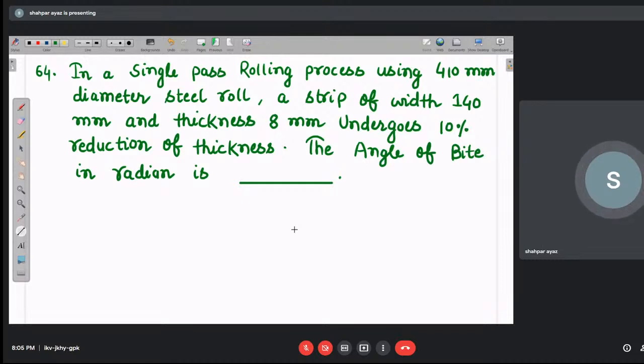Anyone tell me the bite angle in degree, in radian as well as in degree? In both the units, tell me the answer.